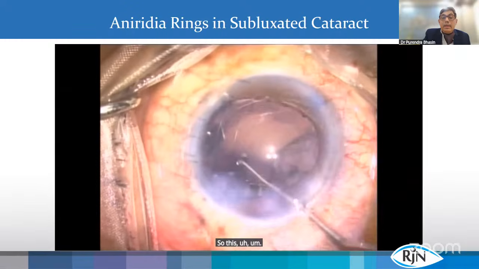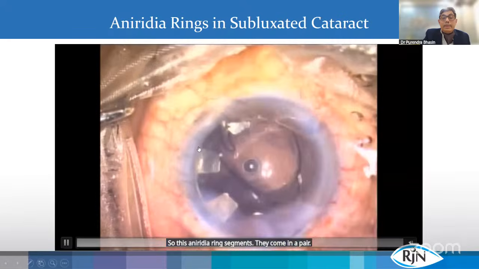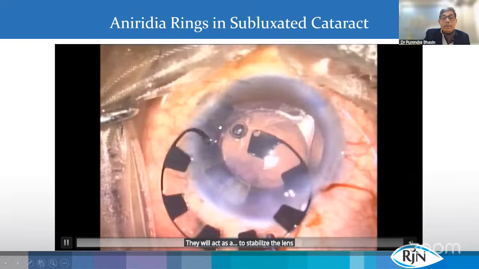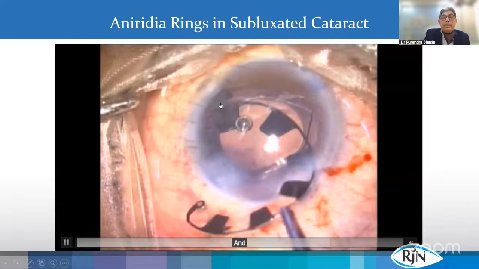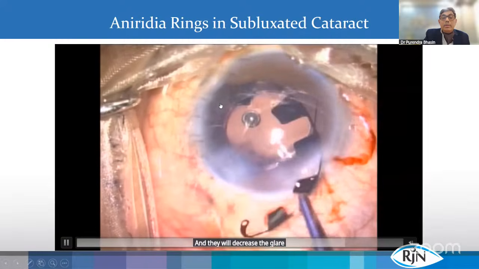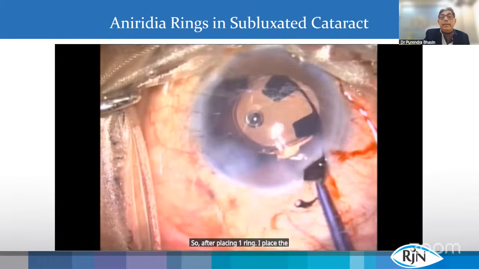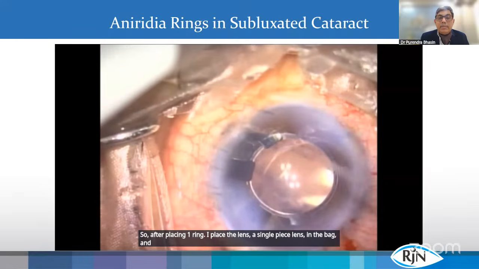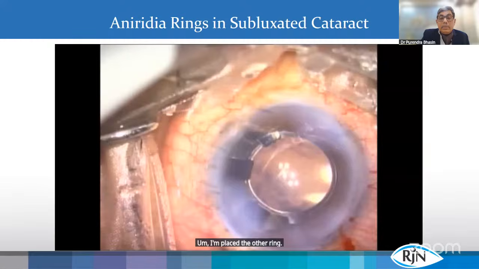These aniridia ring segments come in a pair. They will work in two ways. They will act to stabilize the lens bag because of the zonulopathy in this region, and they will decrease the glare and halo of the patient. So after placing one ring, I place a single piece lens in the bag, and in a reverse manner, I place the other aniridia ring into the bag.